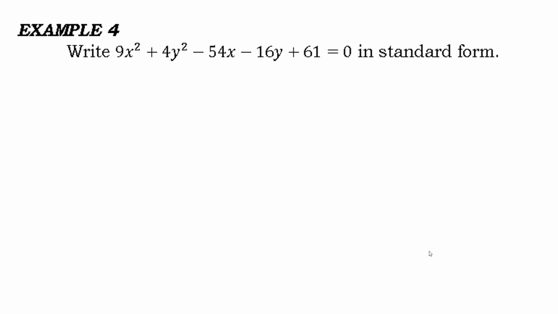So here, we could have 9x squared minus 54x plus 4y squared minus 16y equals negative 61. So dito, this is one group and we have another group.